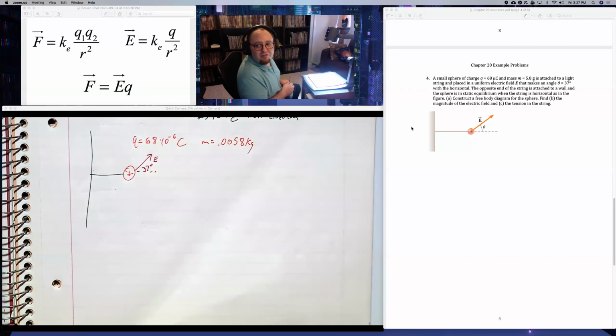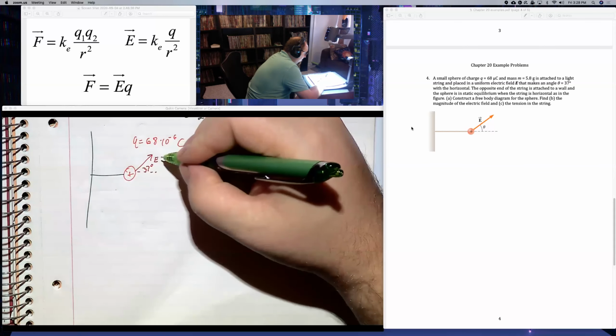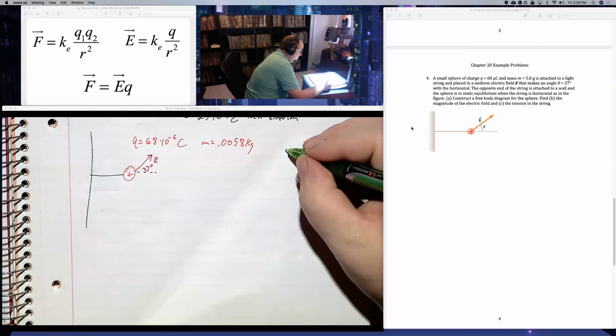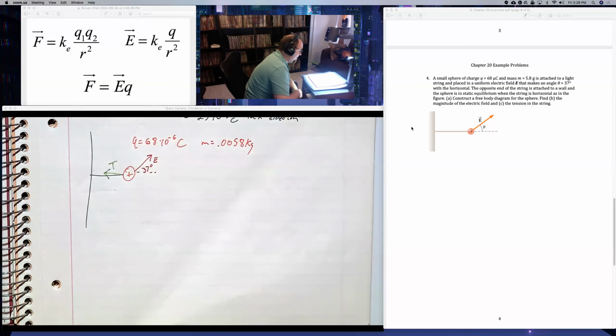Step A, construct a free body diagram for the sphere. It's kind of weird that I left that in because normally I have people work it out, but we can do it. I can look at what's going on with forces. The most obvious one is that there's a string here, so there's a tension holding it back. That should be right along the string, but once again, I can't draw straight lines apparently.